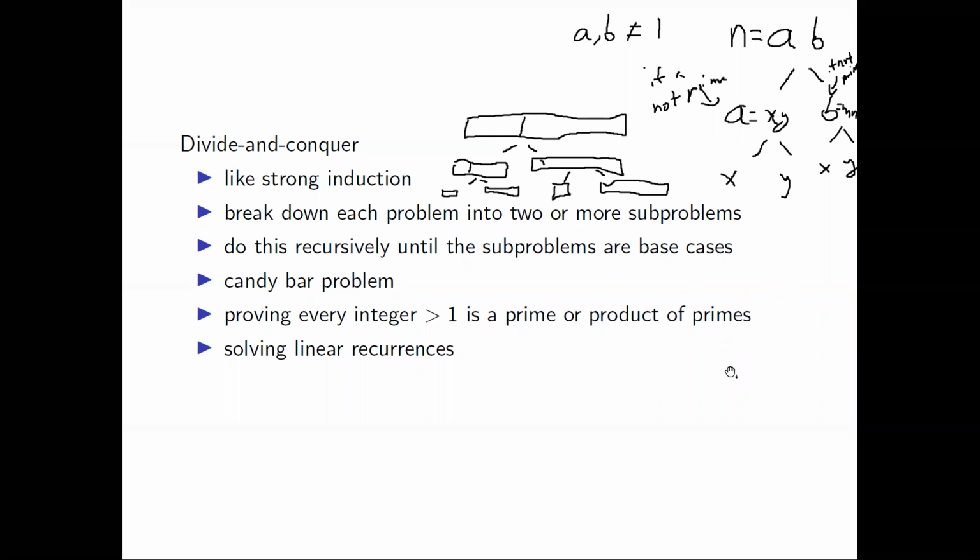And one other type of proof that I'll mention that we've seen before, which is similar to divide and conquer, is solving linear recurrences. So when we solve linear recurrences, we take whatever our current case is.